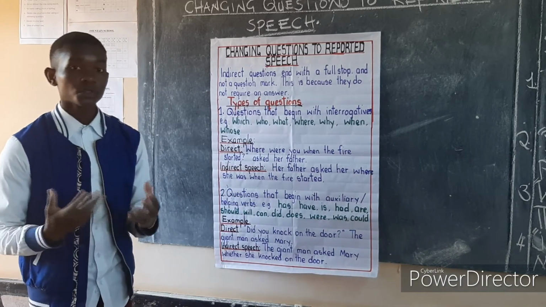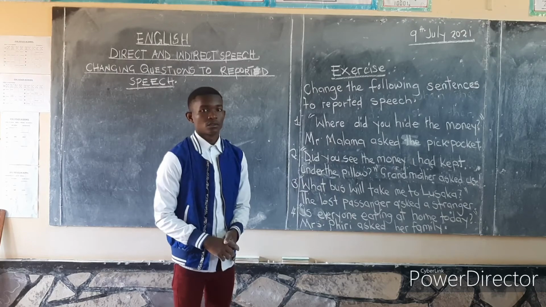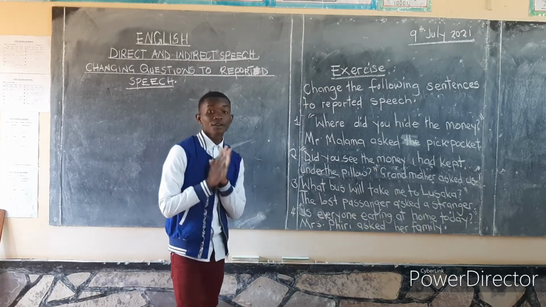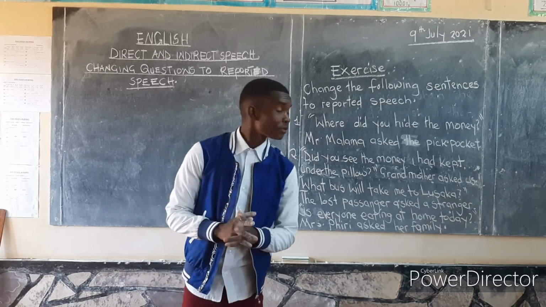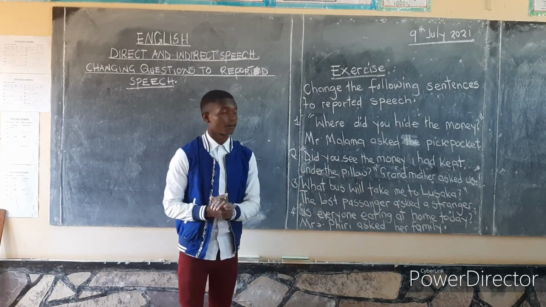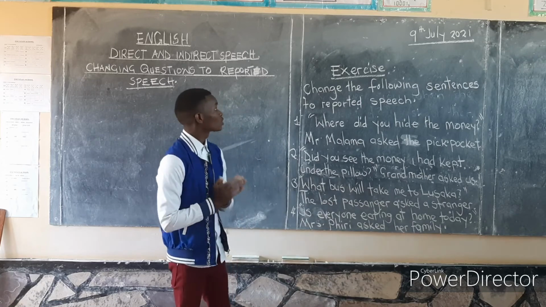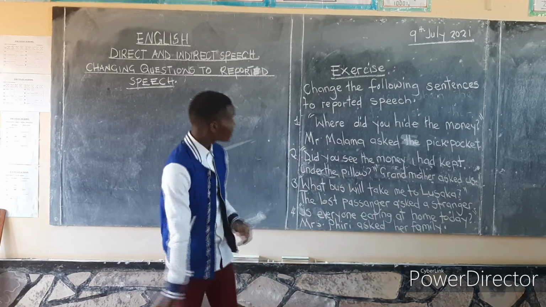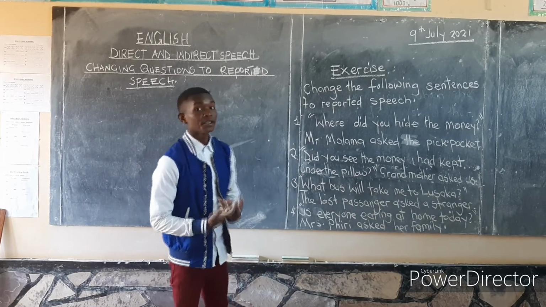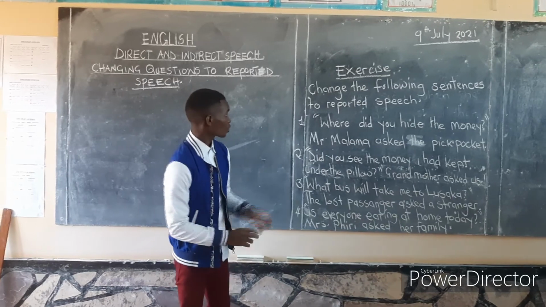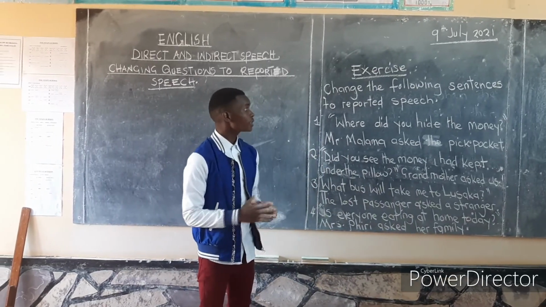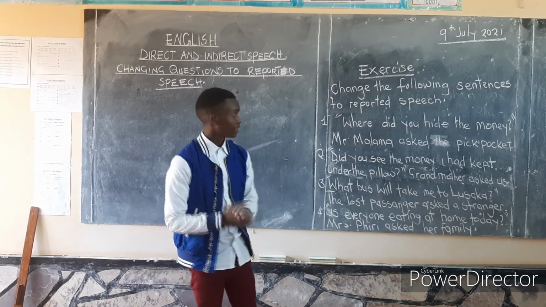And now I'm going to give you the exercise. Okay, so the exercise is very simple. I'm going to give you just a few questions for you to answer. The instruction says, change the following sentences to reported speech, meaning indirect speech. Question 1, where did you hide the money?